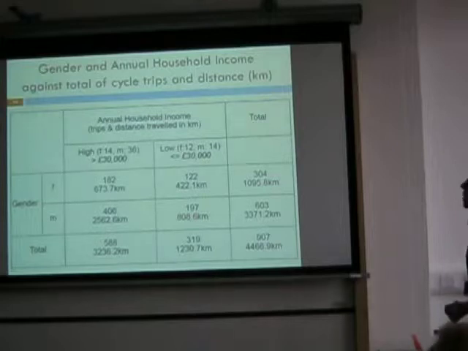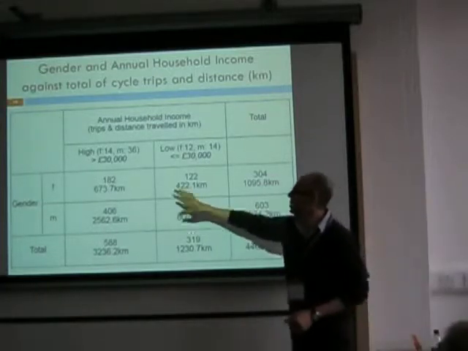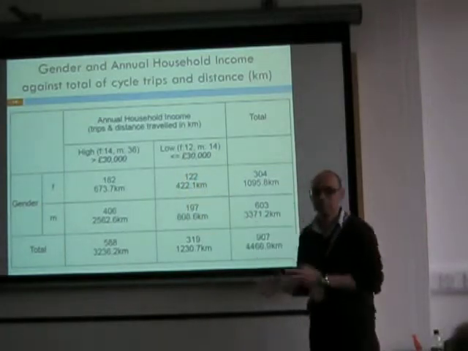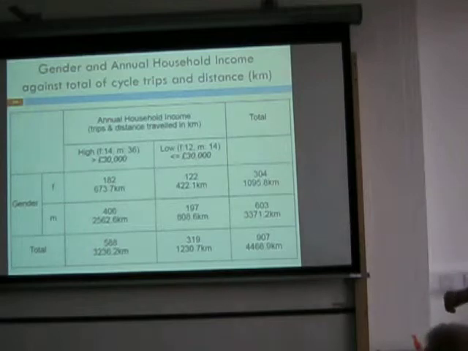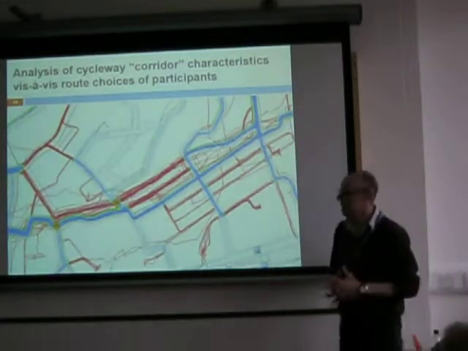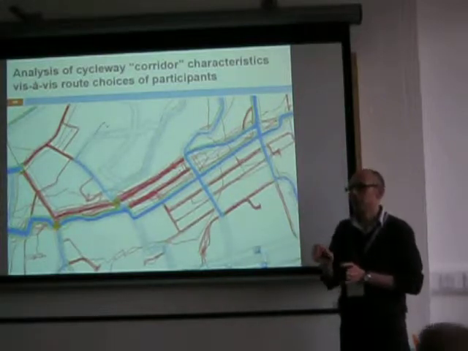Okay, so household income. This is a little bit difficult to read because, again, we have the sample size split there, so we need to standardize it by some sort of measure. I'm going to skip this because I have some interesting results around how we are analyzing the data. Someone mentioned earlier algorithms to assign the GPS tracks to the route network.